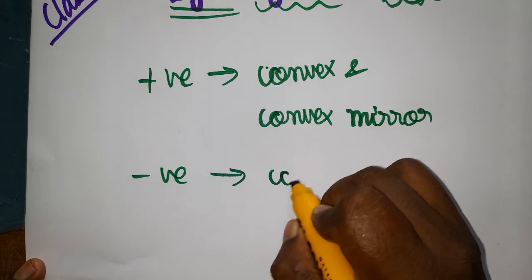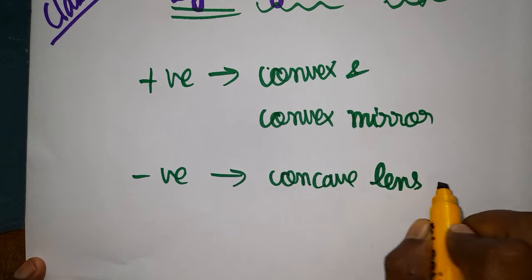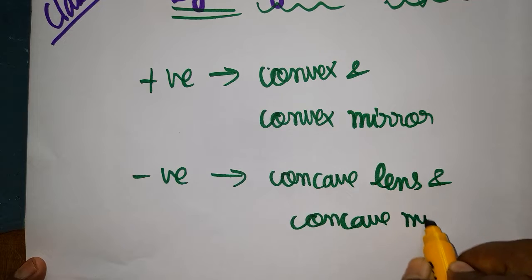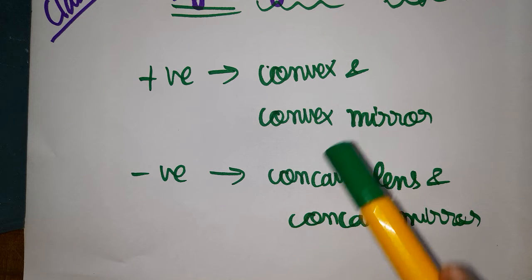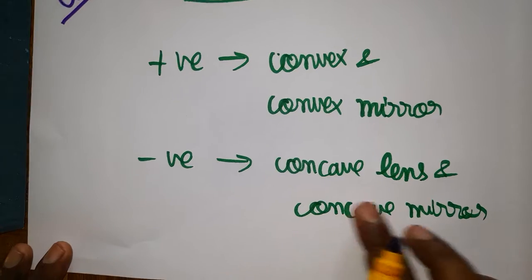Negative optical devices are the concave lens and concave mirror.